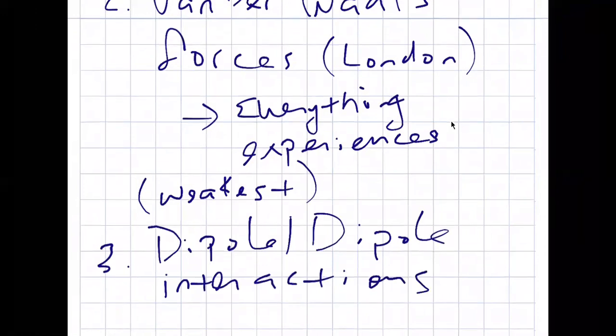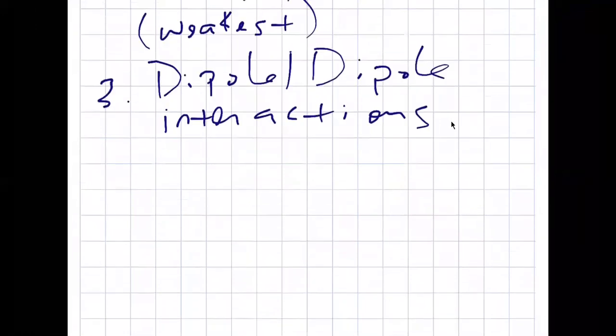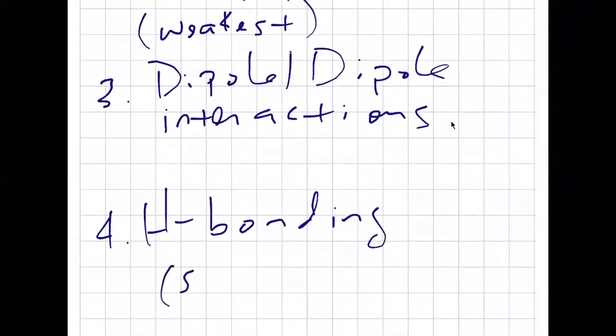And then you have hydrogen bonding, and this is the strongest out of your covalent intermolecular forces. Any questions about that? So you have van der Waals, dipole, and hydrogen bonding. Those are your three, and that's in order of strength. The weakest is van der Waals, then dipole, and then the strongest is hydrogen bonding.